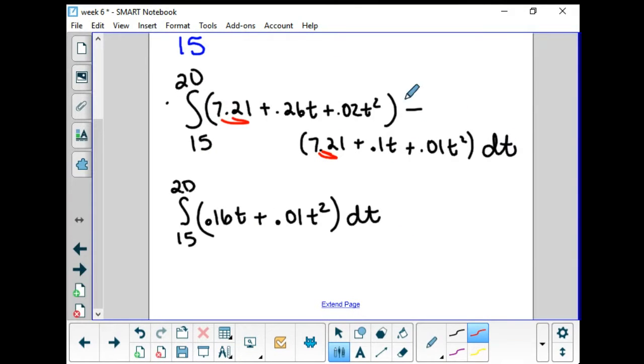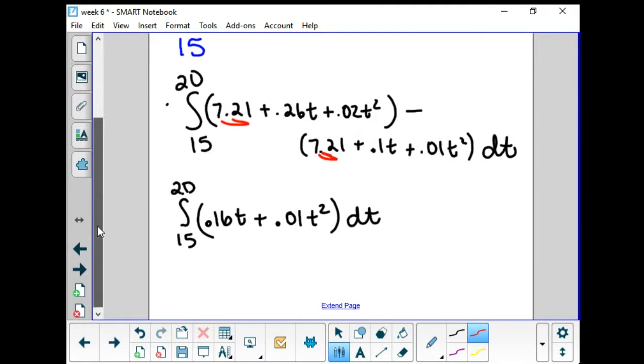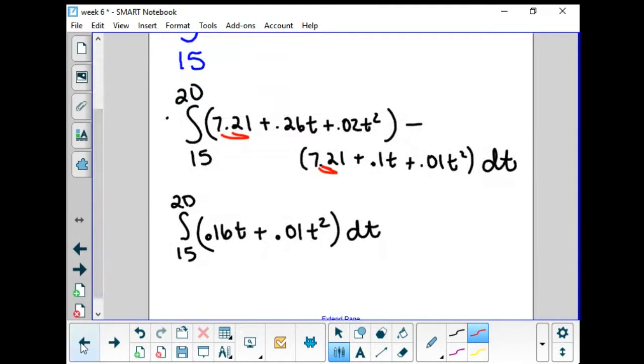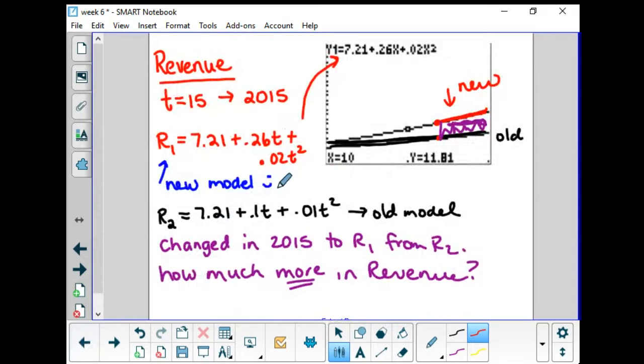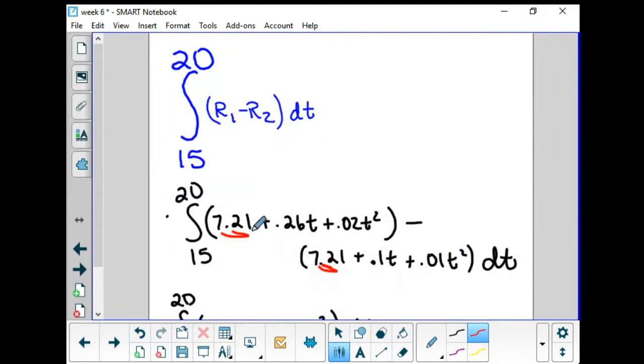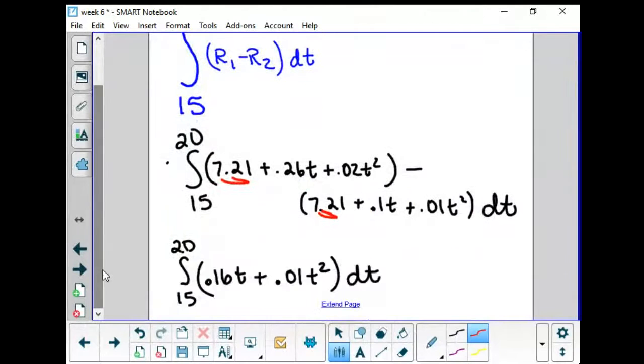Once we've realized that the process in this problem, the question that asks how much more revenue the new model is going to give me versus the old model from 2015 to 2020. Once I realize what I need to do to make that calculation, that process is a friend.